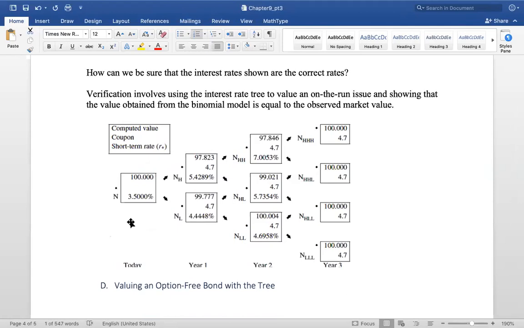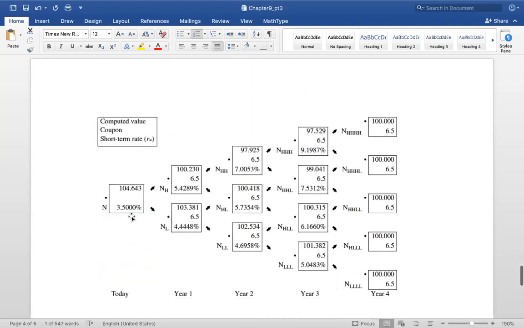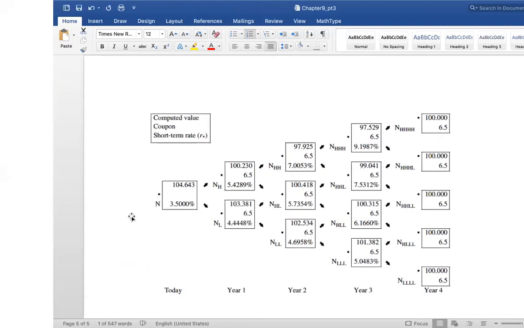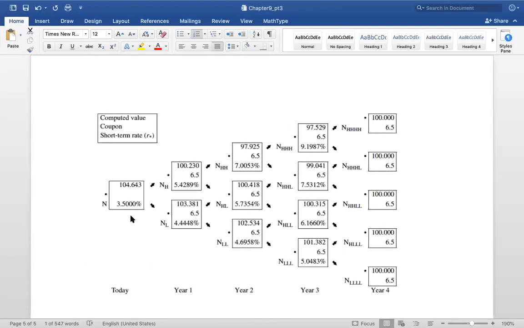Now let's see how to value an option-free bond with this interest rate tree. Remember, we had that particular 6.5% bond for which in the previous video we obtained a price of 104.6. Here the face value used is 100, so the coupon is 6.5. If you focus here, this is a 4-year bond.